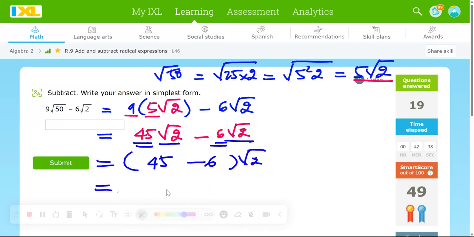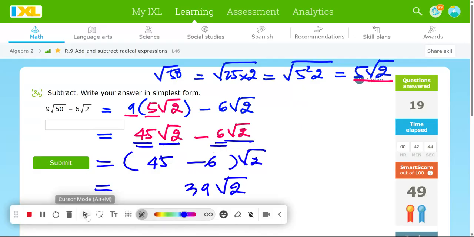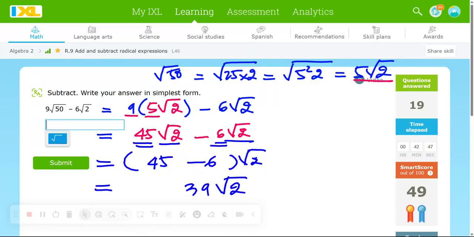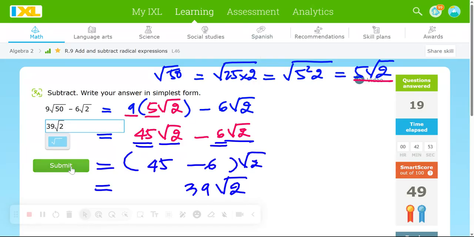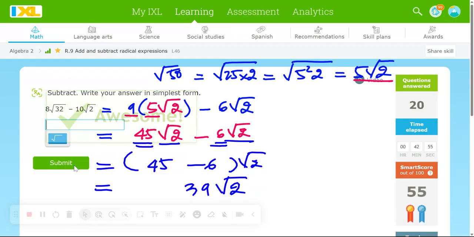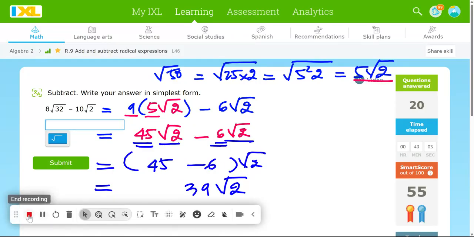Okay. Together is 39, 39 square root of 2. That's it. That is the answer. Okay, I put down 39 square root of 2. Alright? So this assignment is easy because we got the handout of simplifying square root from 1 to 100. Okay, so I'm done with this.